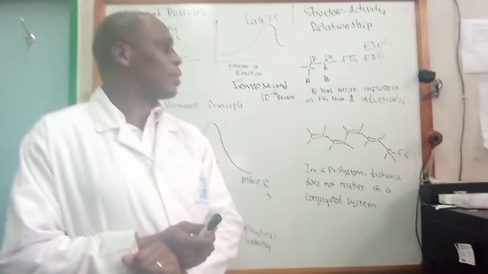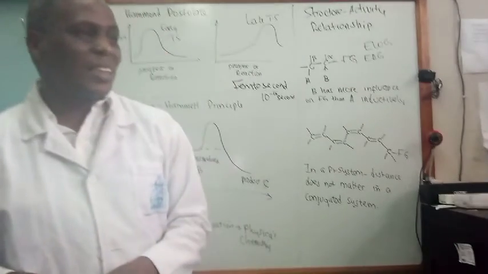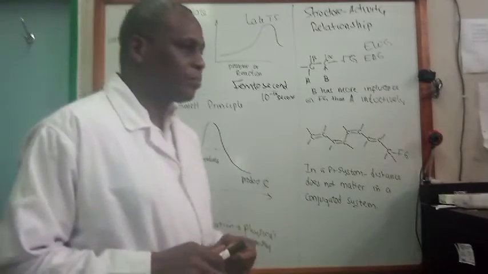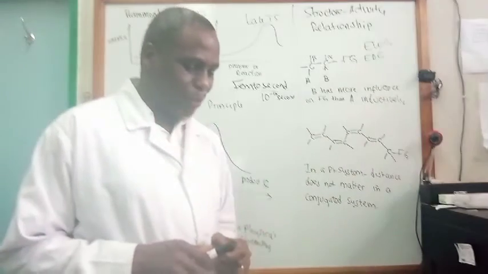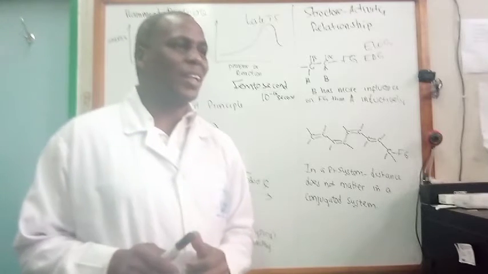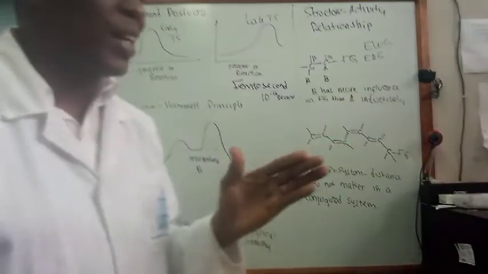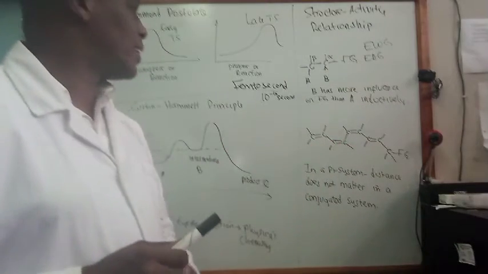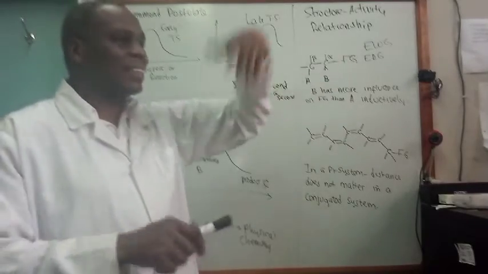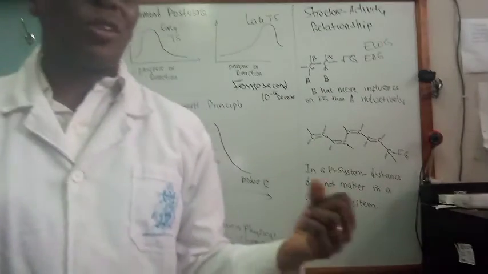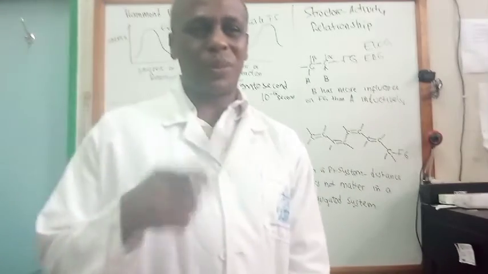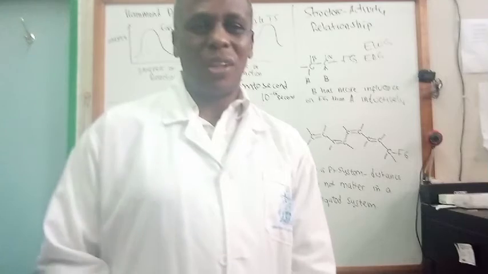So later we're going to see inductive effects in terms of the molecular orbital theory, in terms of the overlap of the orbitals, that there is something more to the inductive effect than just saying, hey, I've got an alkyl group like a methyl group. If they have many methyl groups, they're going to be pumping electrons to a carbocation.